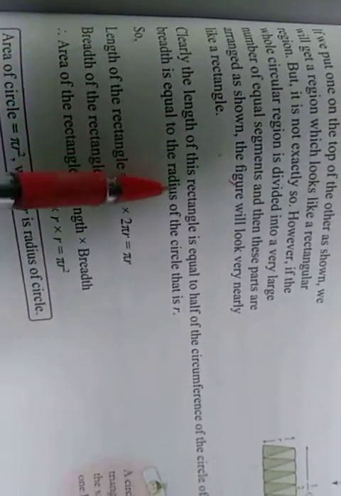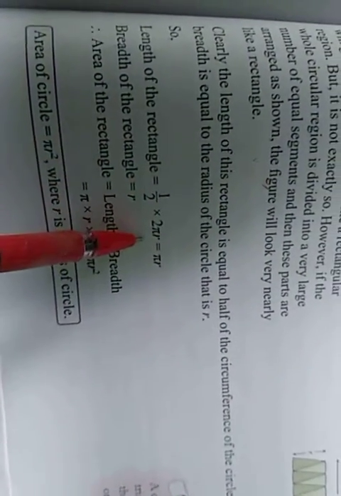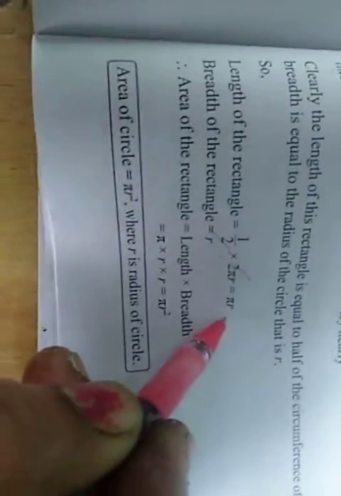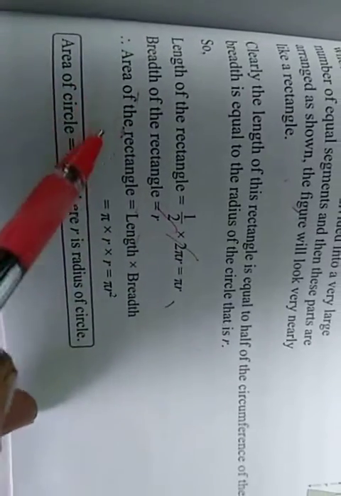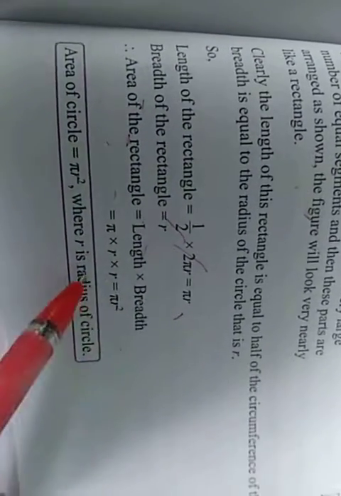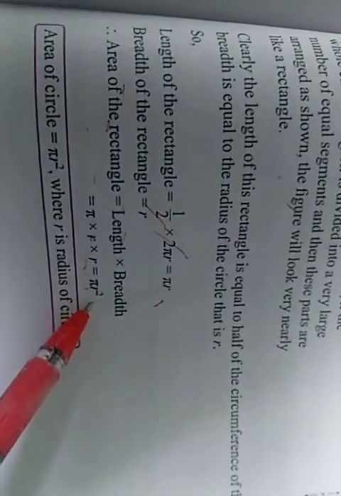Clearly, the length of this rectangle is equal to half of the circumference of the circle of radius R, and its breadth is equal to the radius of the circle, that is R. Then the length of the rectangle is half of the circumference of the circle, that is, the 2 will be cancelled, and you are left with length pi R. Breadth of the rectangle is R. So area of the rectangle will be length into breadth, so pi R into R. So it will become pi R square.